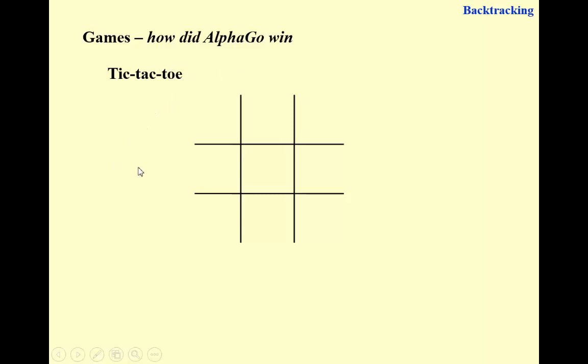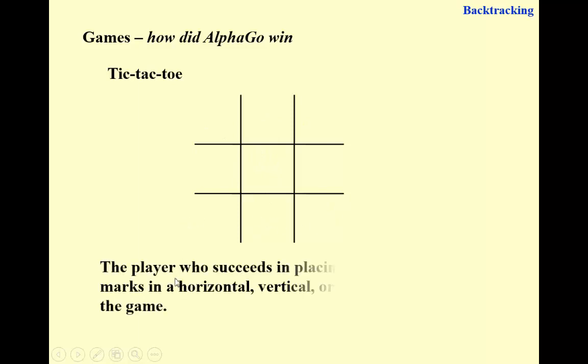So basically there are two players. One writes X and the other one writes O onto this 3x3 board. The player who succeeds in placing 3 of their marks in a horizontal, vertical, or diagonal row wins the game.